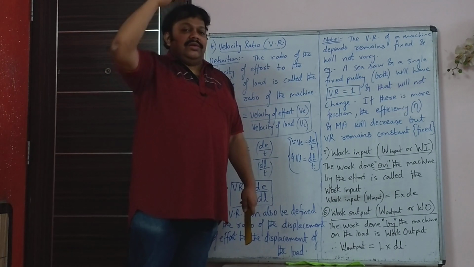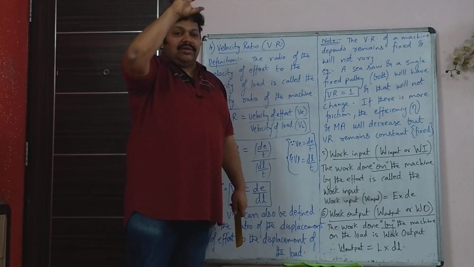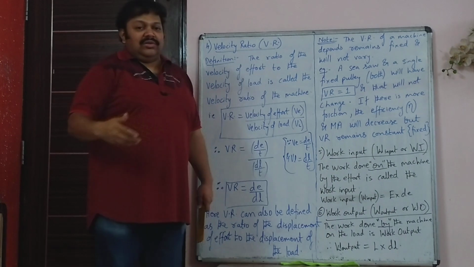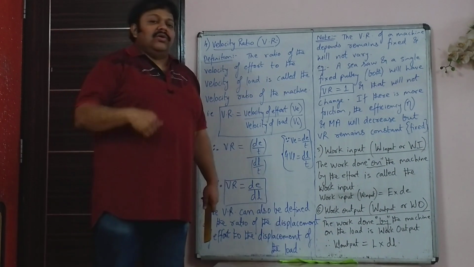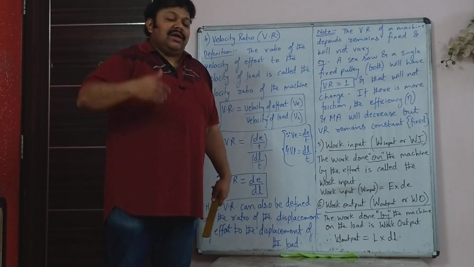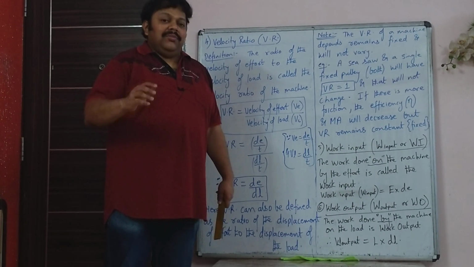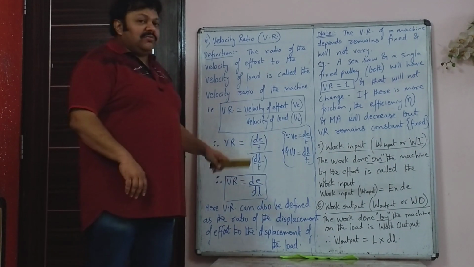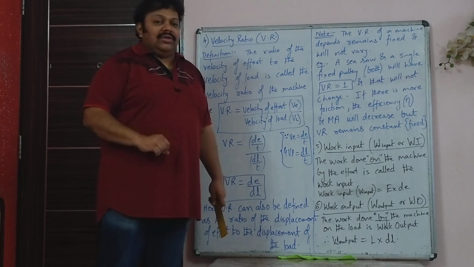You may see that sometimes that pulley is made of iron. So it gets rusted and there's a lot of friction. So if there is a lot of friction, the efficiency will decrease. The mechanical advantage will decrease. But the velocity ratio, that is displacement of effort to displacement of load, will remain the same.